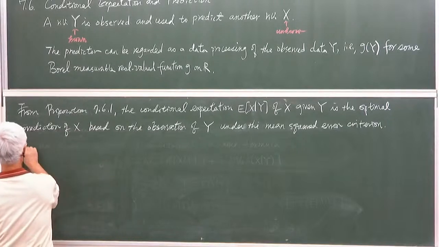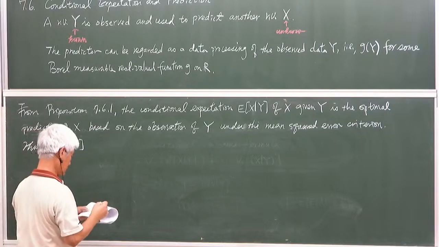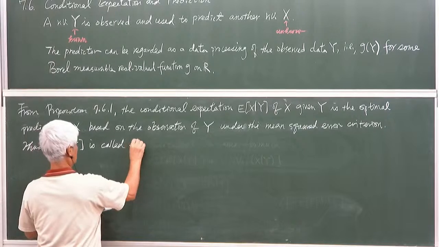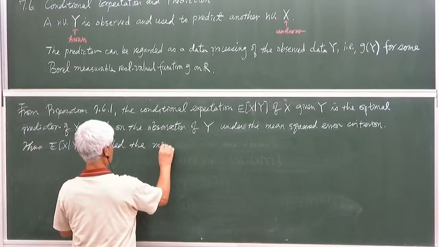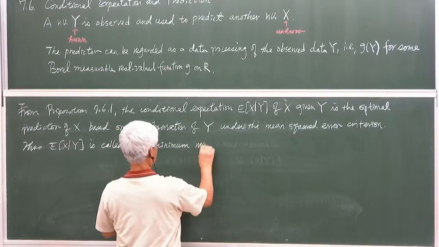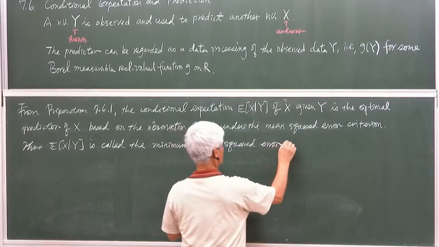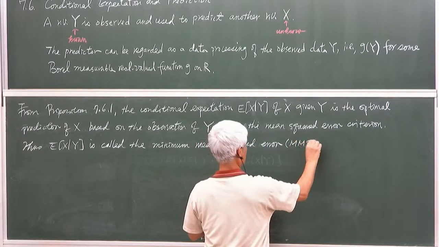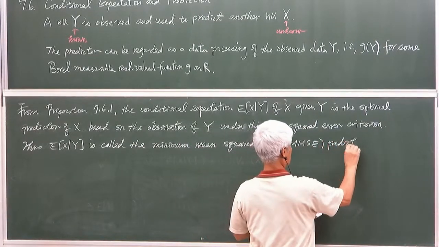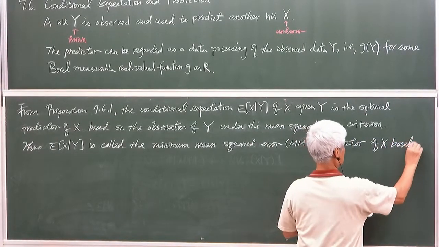So this one is called the minimum mean square error, MMSE, predictor of x based on y.